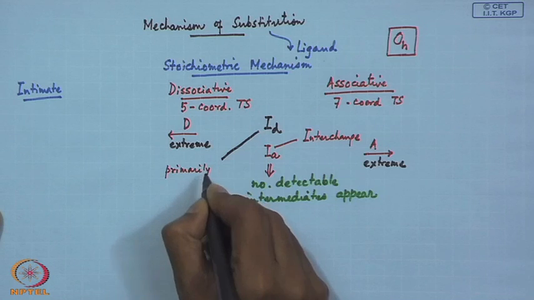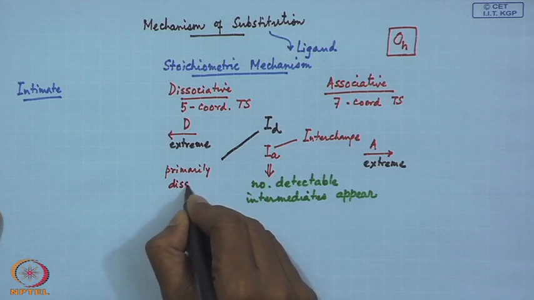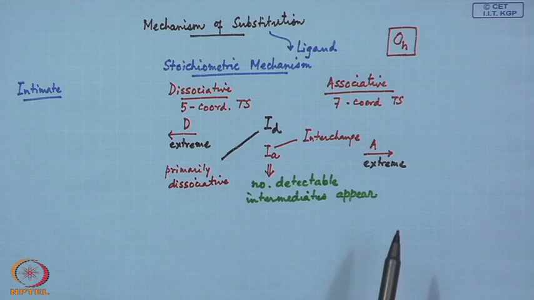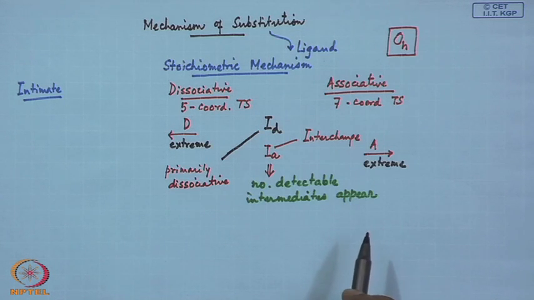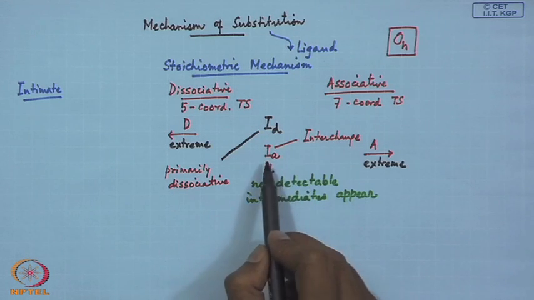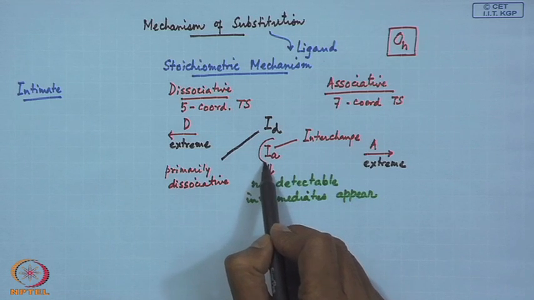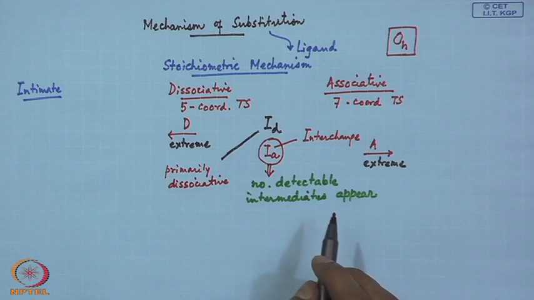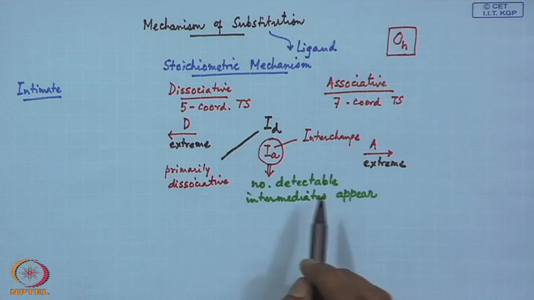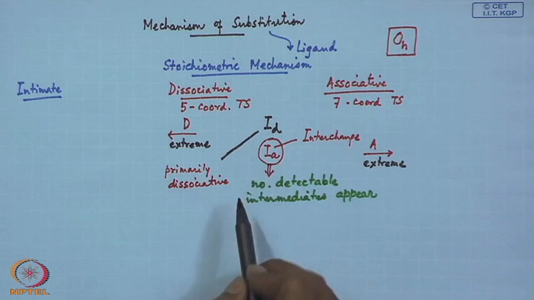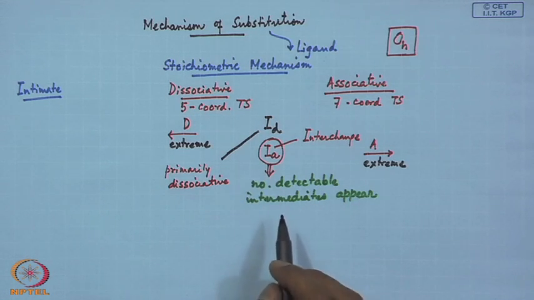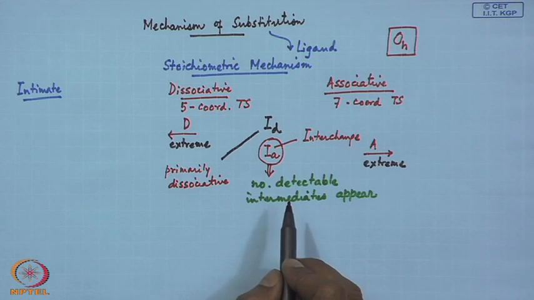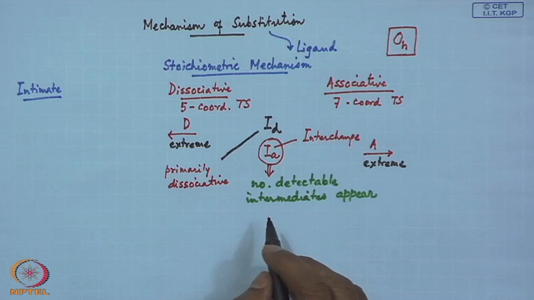In the case of Ia, the incoming ligand begins forming a bond to the central atom, that means some weak interaction is taking place with the central atom before the departing ligand bond is weakened appreciably.